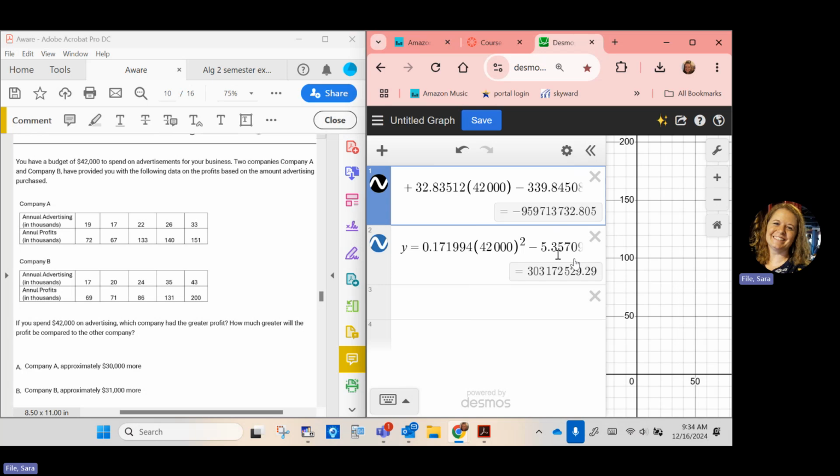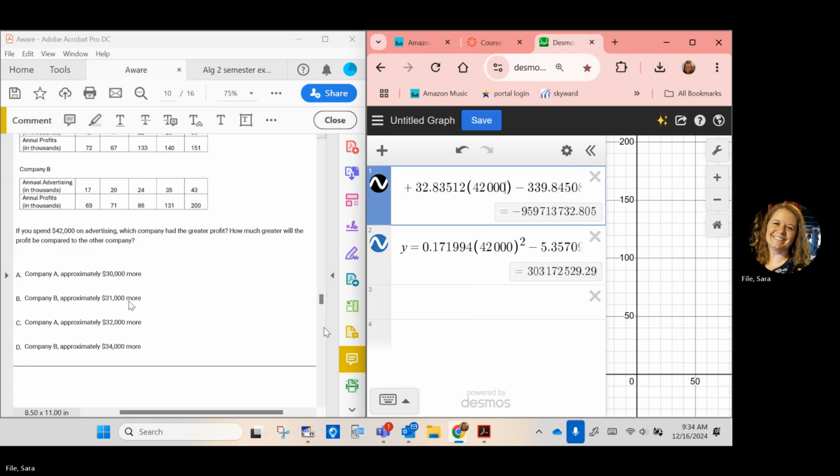It's weird. There should be a difference of around 30,000 if you look at your answer choices. Let me see if I have a typo in any of these I typed in.